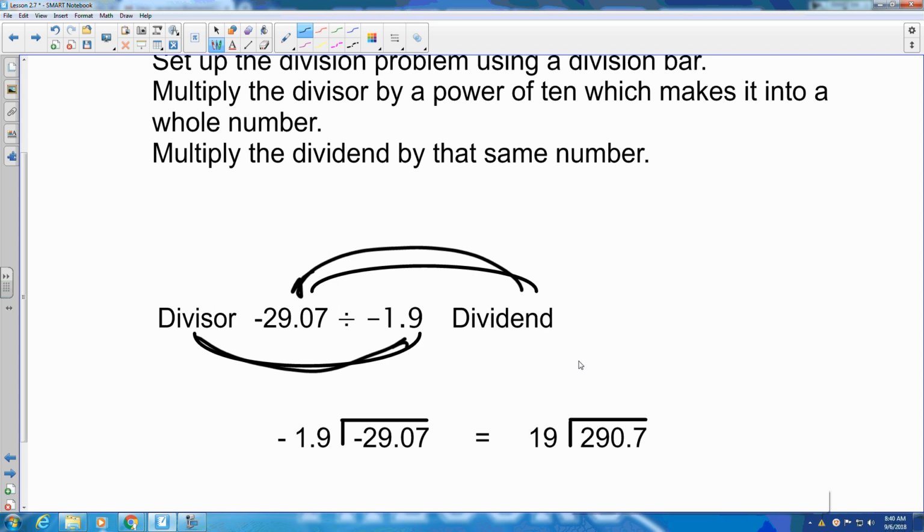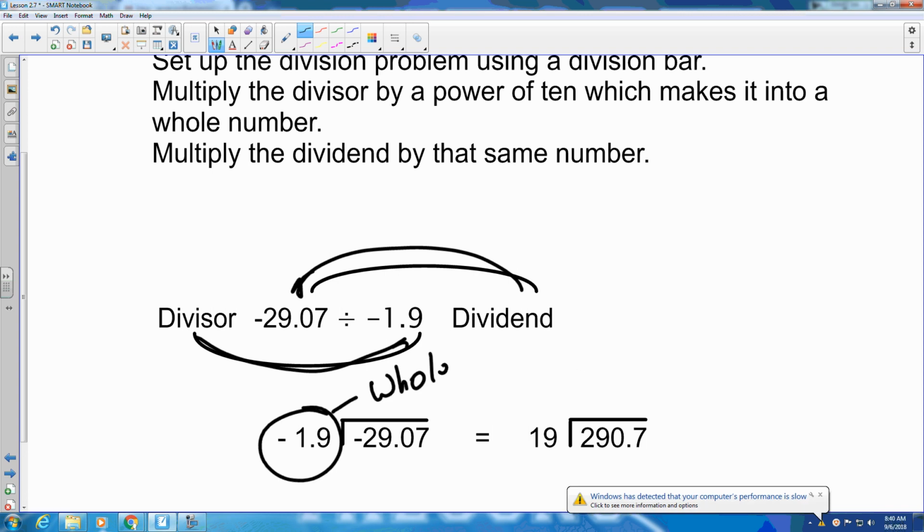So what they really are saying is they want this number to be a whole number. And in order for that to become a whole number, I have to move the decimal place one spot to the right. And since I moved it one spot to the right, I must move one spot to the right inside the dividend.